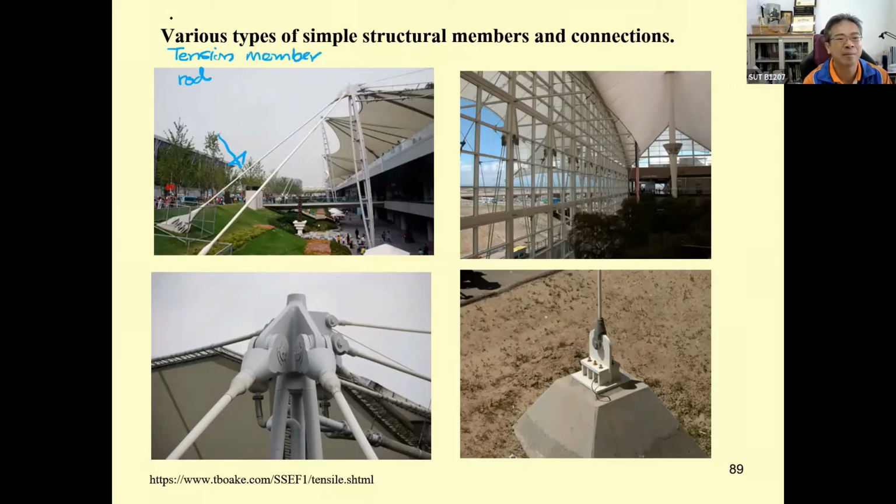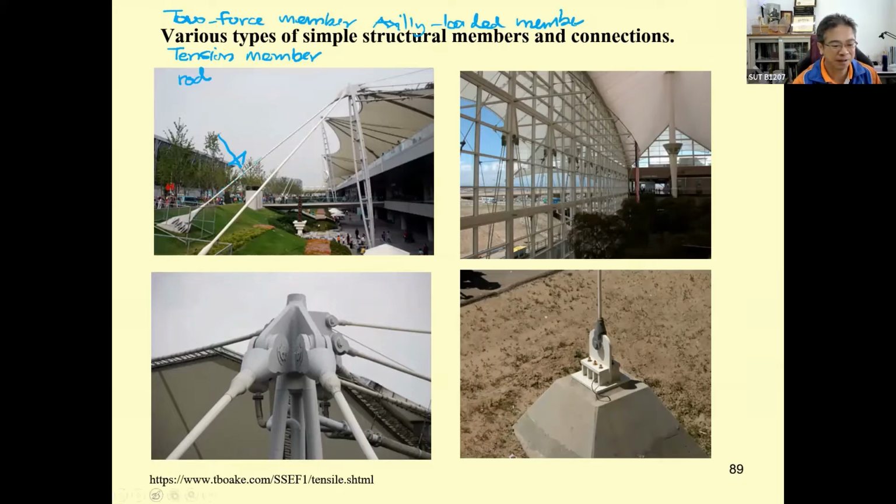And in a more general one, you may call this one two force member, or in a more general one, you can call this one axially loaded member.